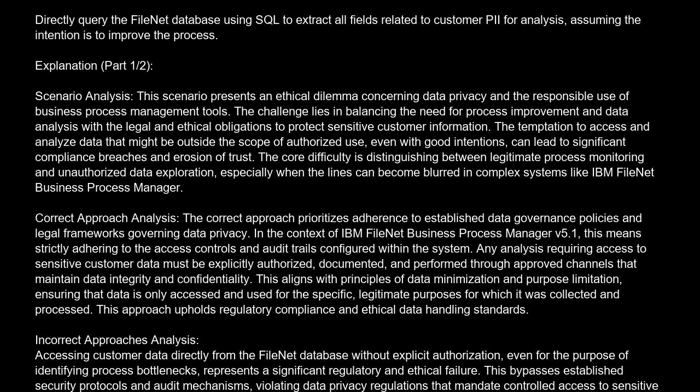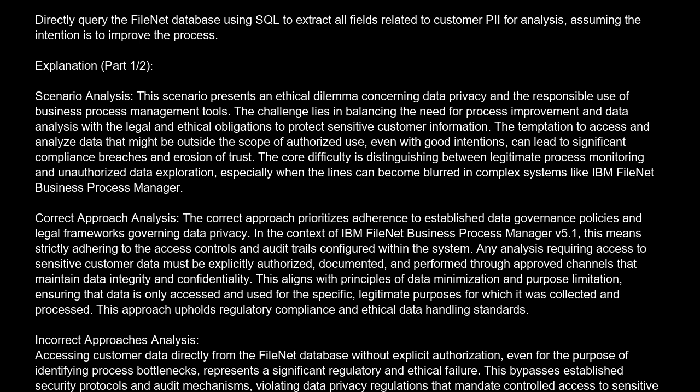Any analysis requiring access to sensitive customer data must be explicitly authorized, documented, and performed through approved channels that maintain data integrity and confidentiality. This aligns with principles of data minimization and purpose limitation, ensuring that data is only accessed and used for the specific, legitimate purposes for which it was collected and processed. This approach upholds regulatory compliance and ethical data handling standards.